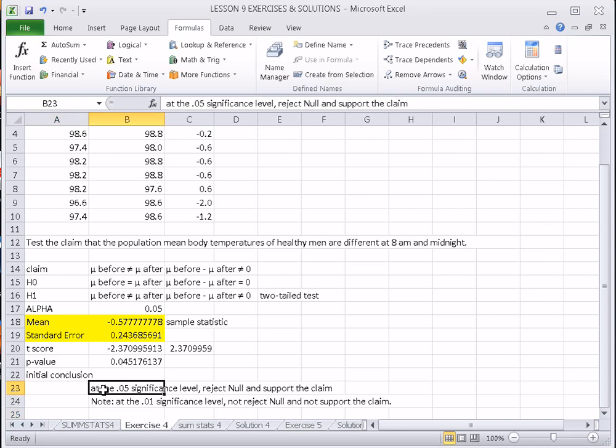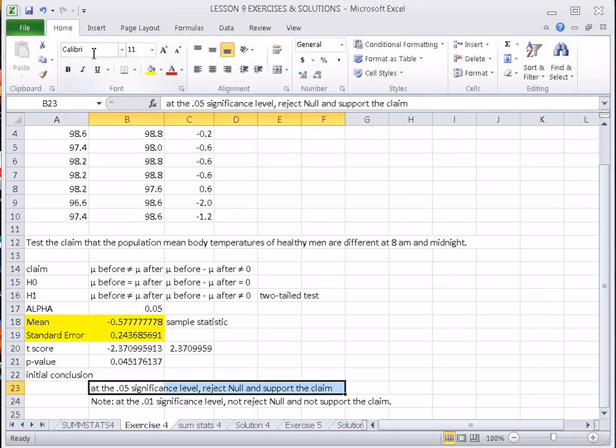I deliberately picked this larger significance level of 0.05 because I had such a small data set.